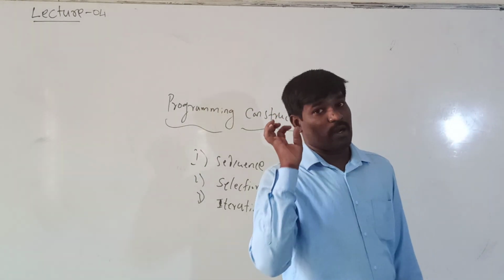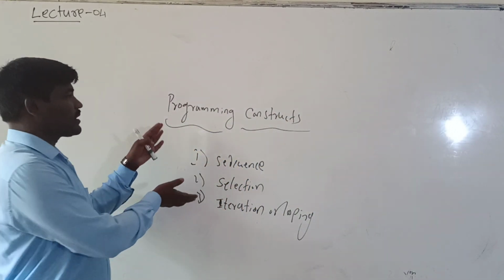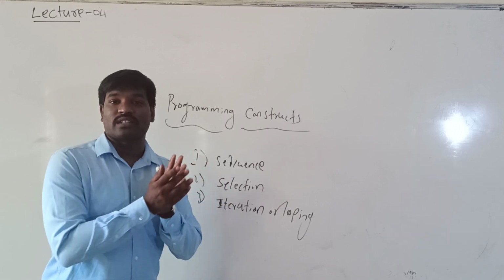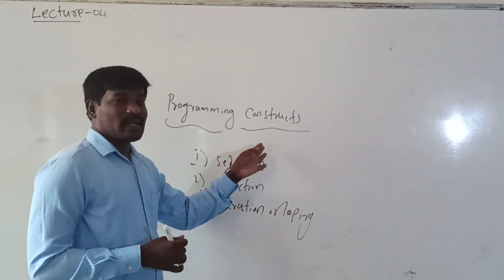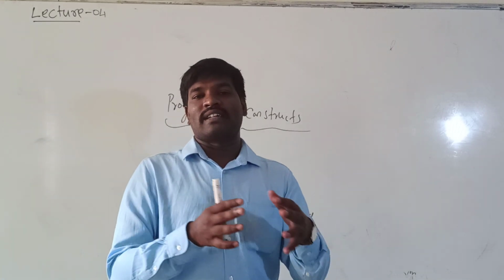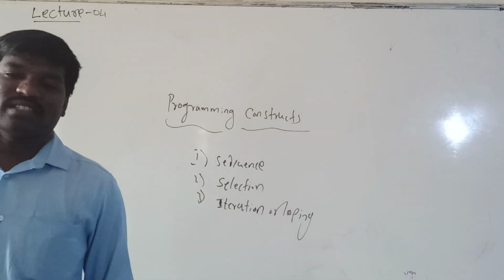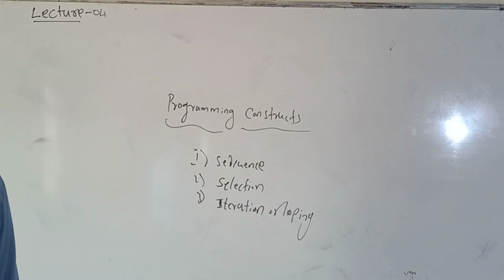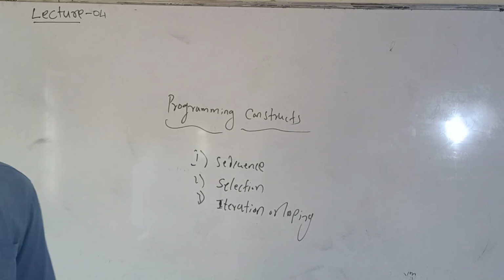After that, stop. Whatever steps you define for the particular program, algorithm or flowchart must be very clear and one after the other. So sequence means one after the other, that is the sequential construct.